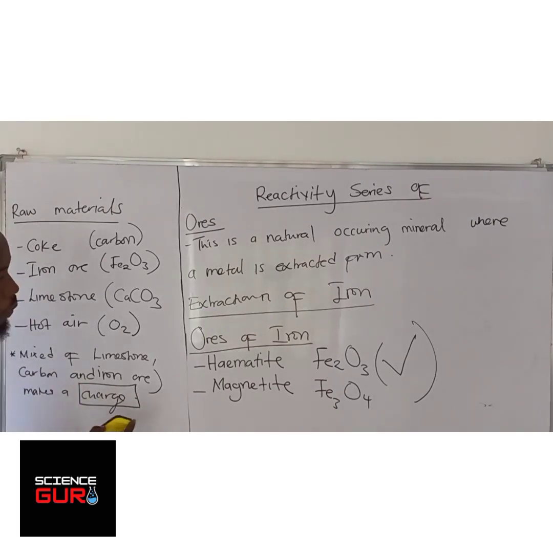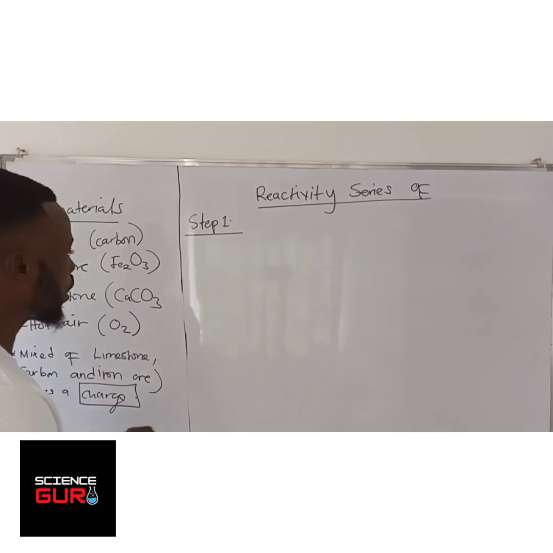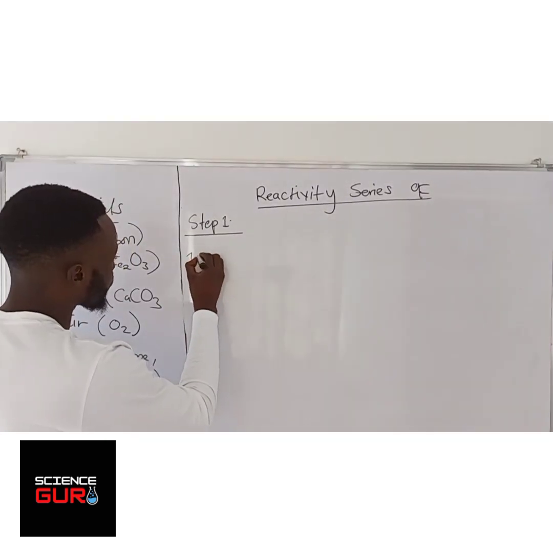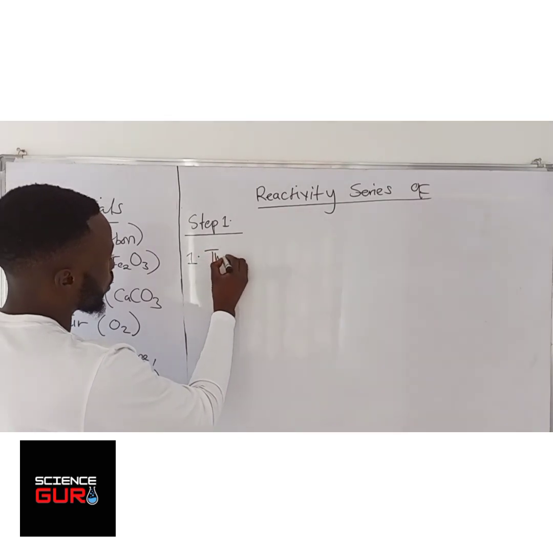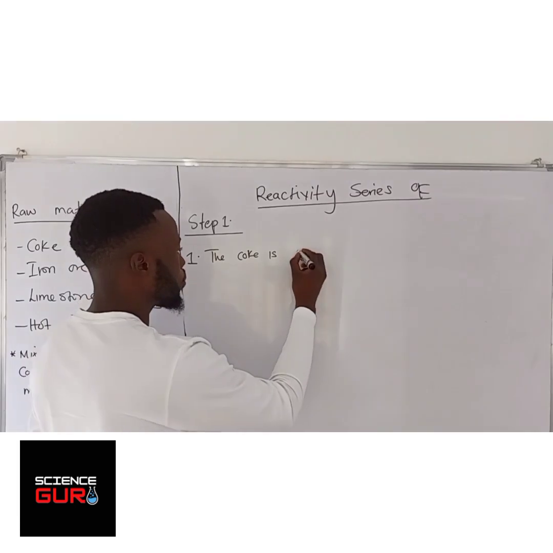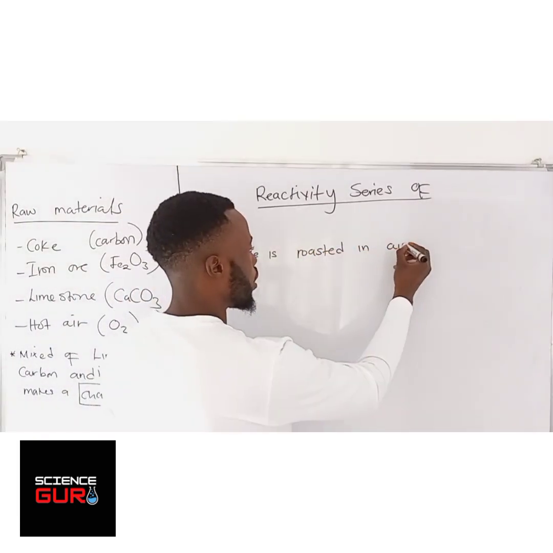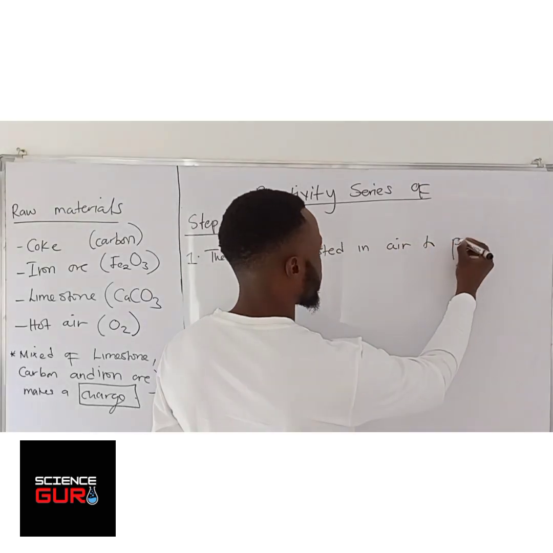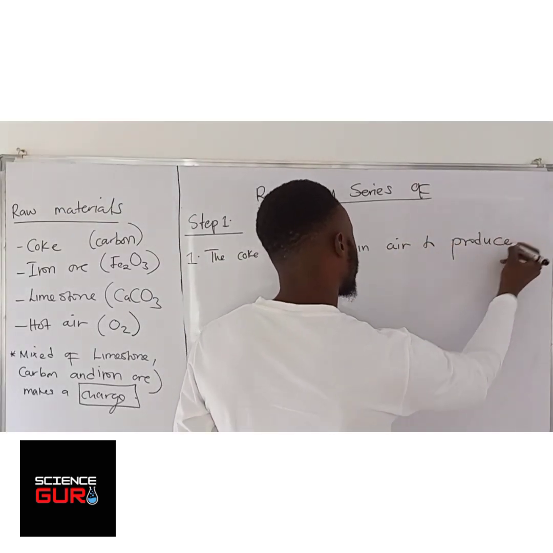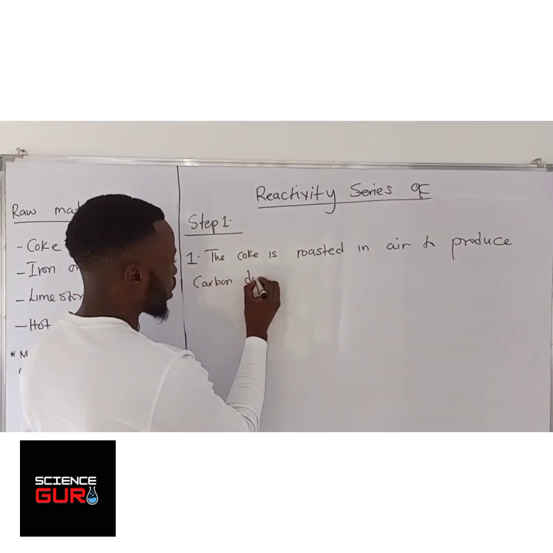Now, here are the steps for the extraction of iron. Step 1: the coke is roasted in air to produce carbon dioxide.